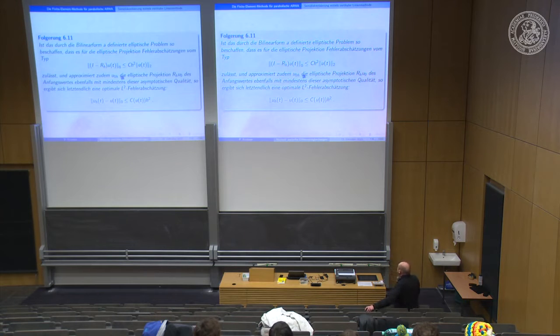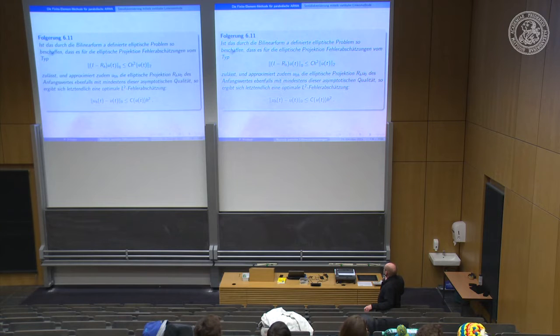Okay, so if we have an estimate like this, but it is not only required for u_t, it's also required for u at t. So that means the function u and also its time derivative have to take values in H2 of Omega.